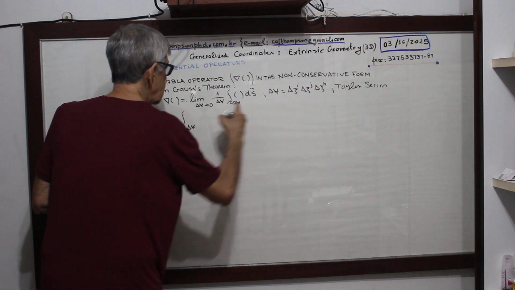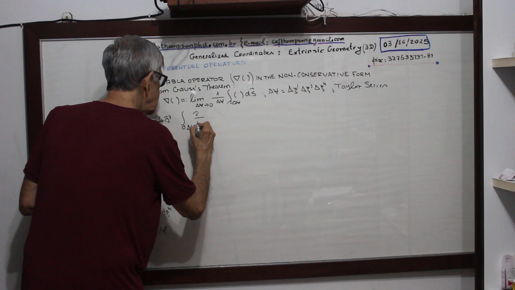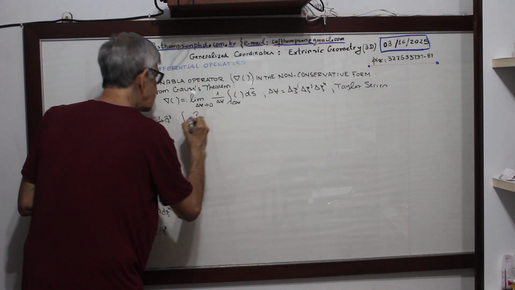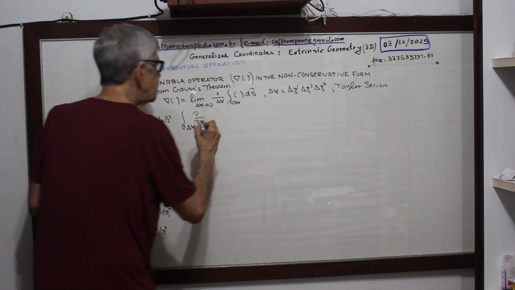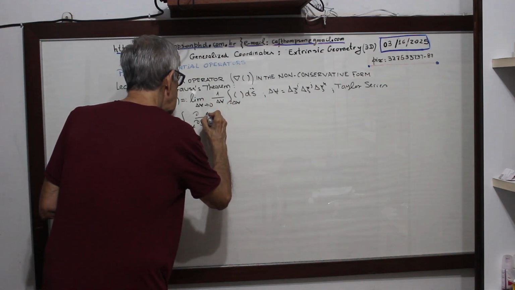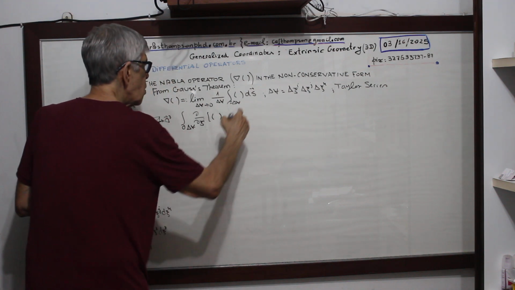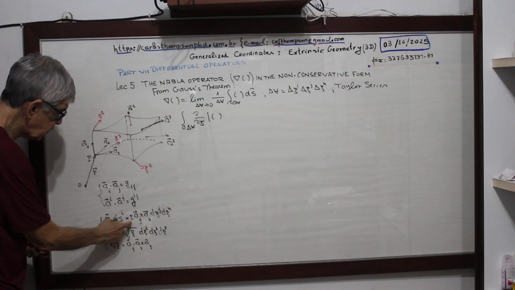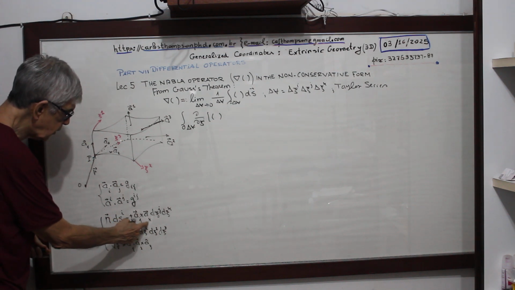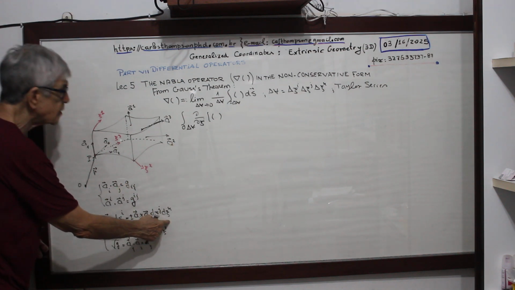Now I'll have the partial with respect to Ci of this. Now dS, you see here, dS is a_j cross a_k times delta Cj, delta Ck.